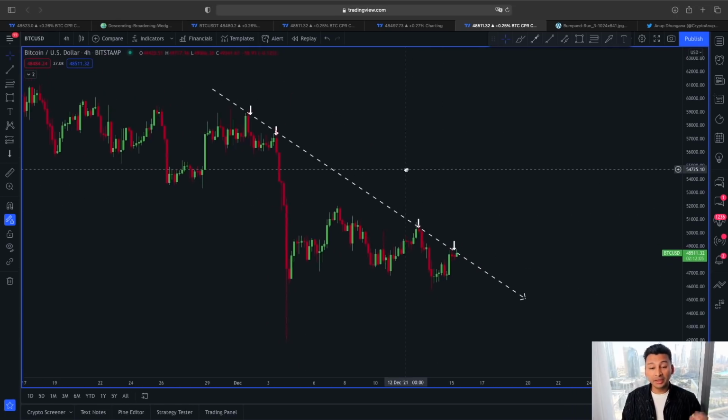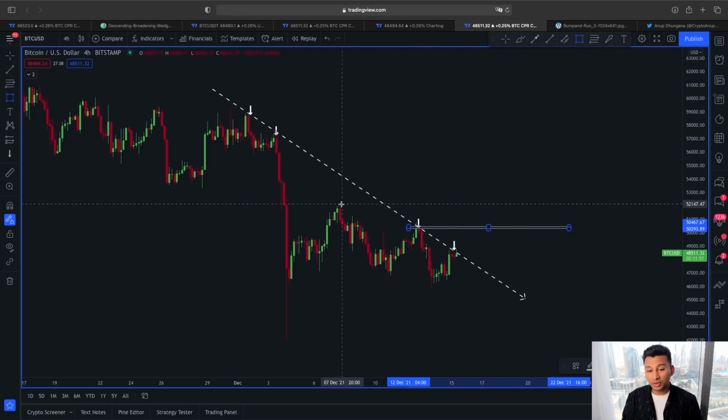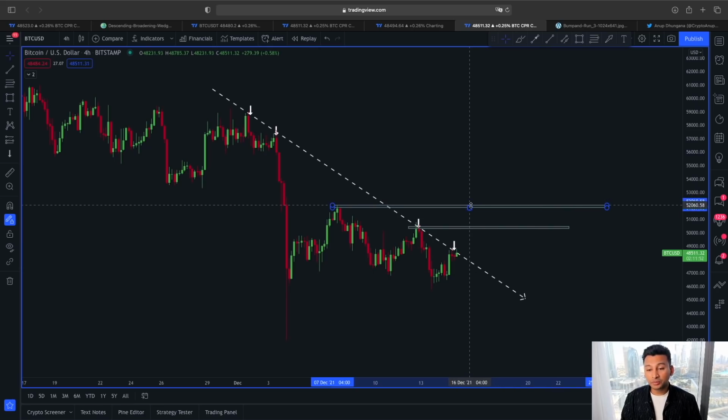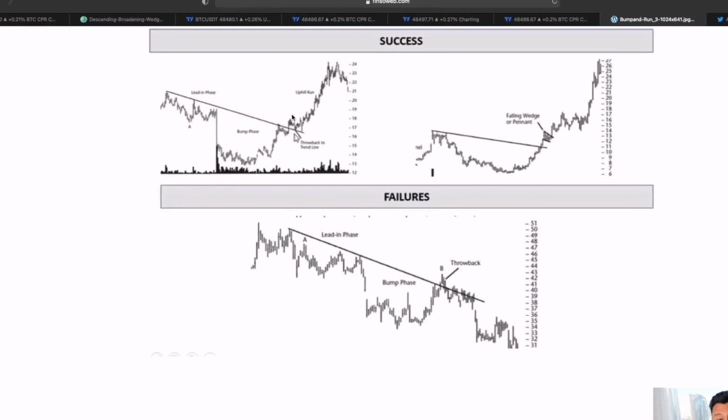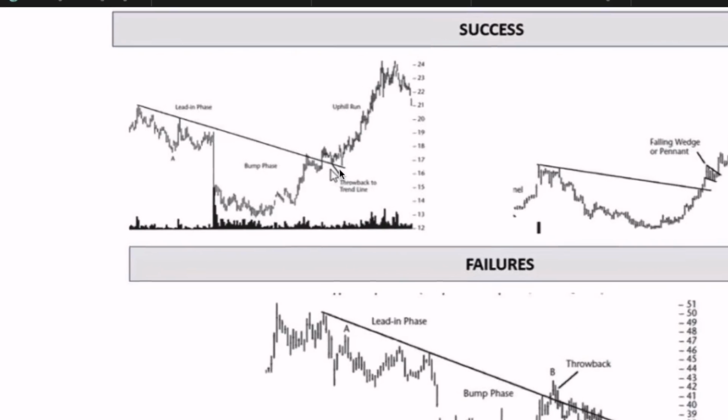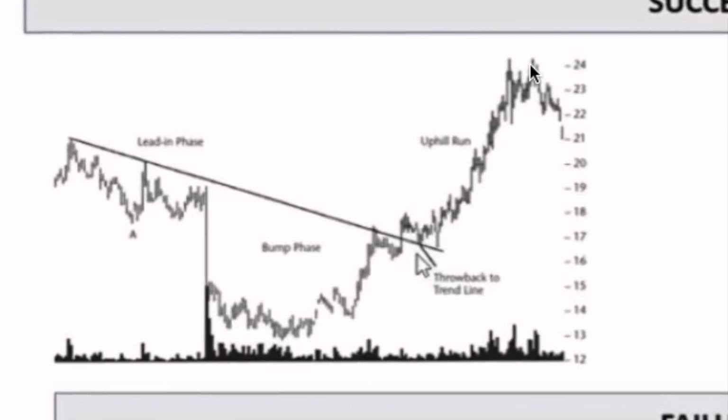So that's why, guys, if the price of Bitcoin here in a smaller time frame wants to see any sort of movement towards this 50,500 range, the previous high area around this range, and also the 52,000 area, then we must break the resistance line, the falling trend line, at any cost. Because you can see, according to the successful bump and run reversal and the failure bump and run reversal, after breaking the resistance line we usually see a retest, and if the support is going to be there, this trend will continue here to the upside.